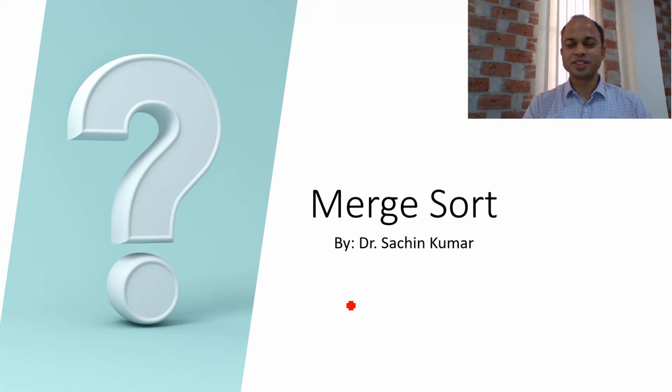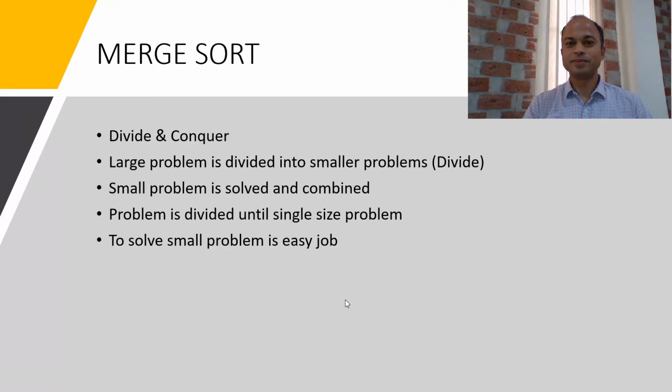What is merge sort? Merge sort is basically based on the concept of divide and conquer. Divide simply means a large problem is divided into smaller problems. A small problem is solved individually and finally the solutions are combined.